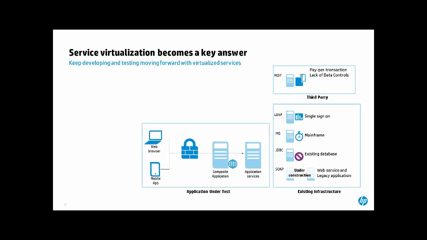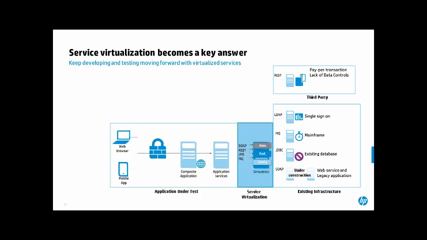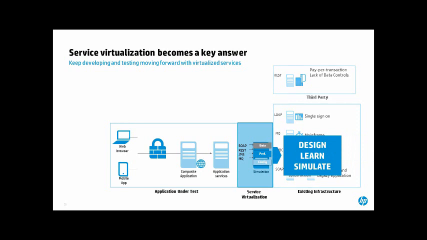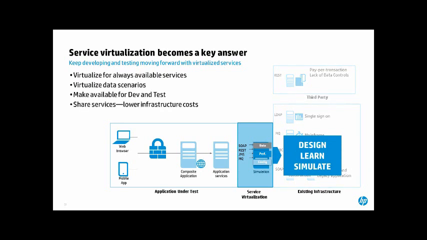So what service virtualization is doing is basically introducing a layer between the application that we develop and test and those systems that have restricted access. Those mainframes and SAP systems and payment services delivered by third parties are now being simulated by the service virtualization layer.